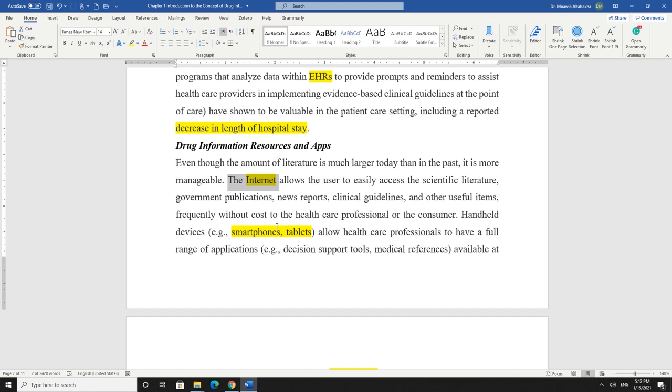I need to know which website to go to, what information I can take, and which information I have to assess and critically analyze. But in any case, the internet with smartphones or tablets allowed personnel such as pharmacists and physicians to provide care at the place of the patient.